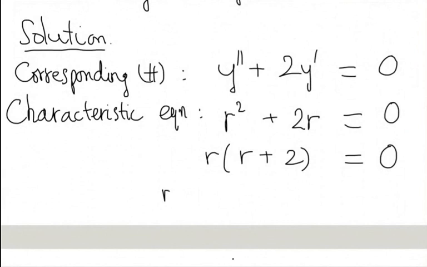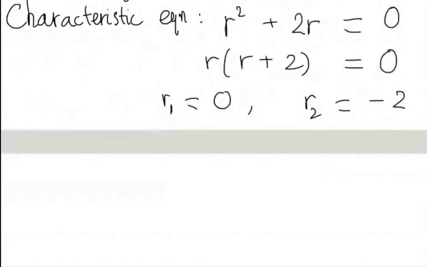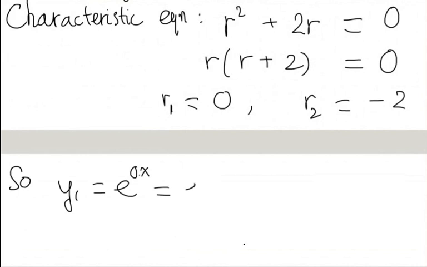So we have r equals 0, which is r1 here, and r2 is negative 2. And so y1 is e to the 0x, but e to the 0x is the same as e to the 0, which is 1. And y2 is e to the negative 2x.